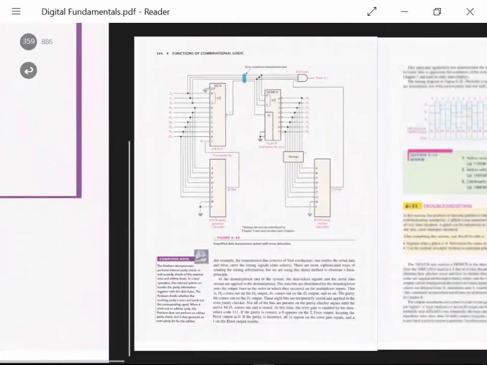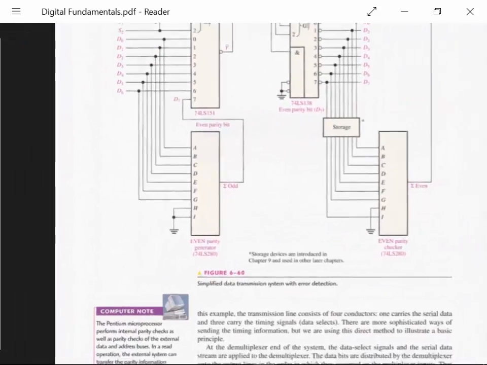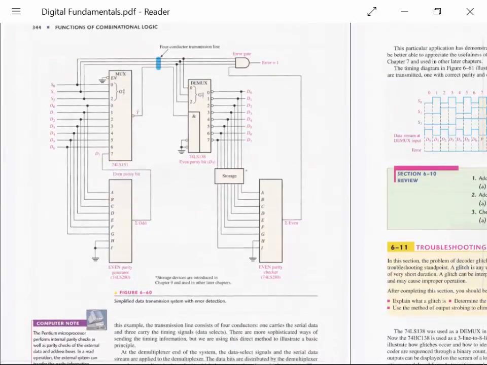As you look at here, this is a complete circuit. Here we have our parity bit given right there. There's a receiver on that end. I'm not going to go through the circuit. You don't need to memorize the circuit. You don't need to understand it, except for the fact that what we're doing here is transmitting data.